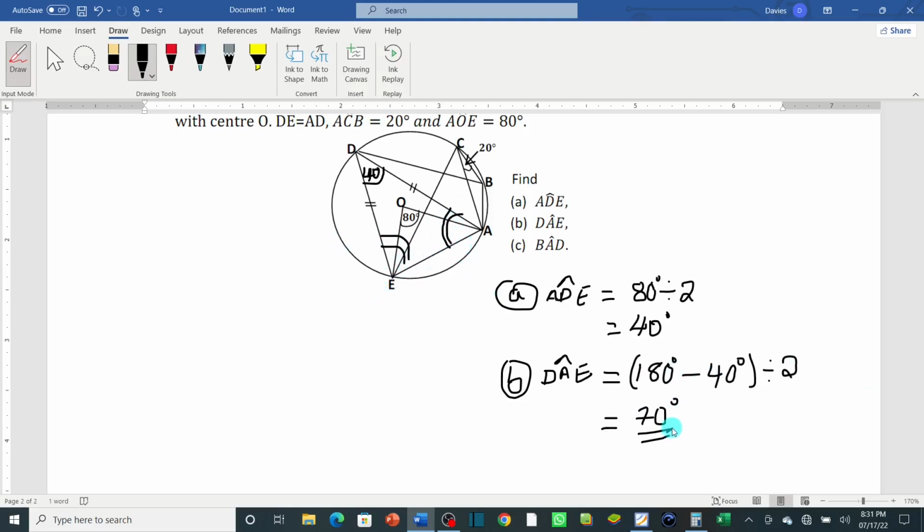Then if we go to BAD, now we want to find angle BAD. Let me rub again what is already here. So angle BAD.